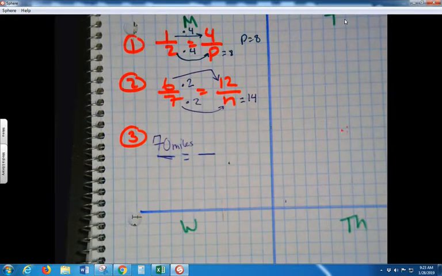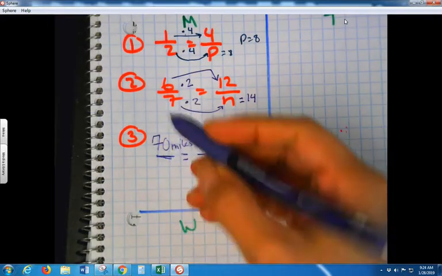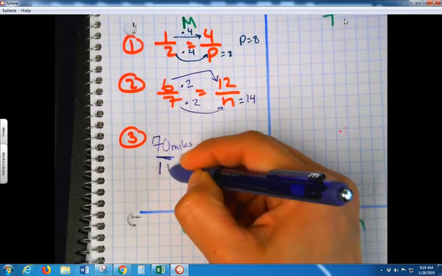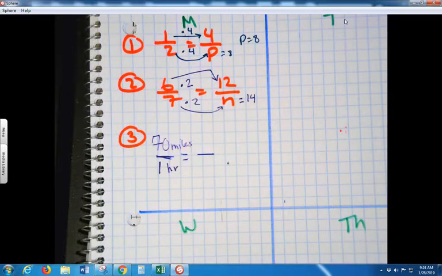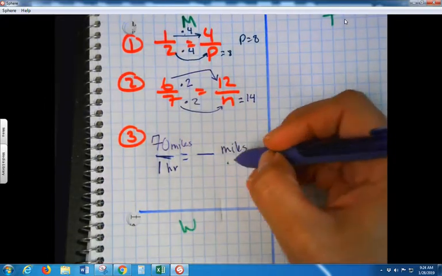For 70 miles, how many hours does it take? 1. How do you know it's 1? Because it's going 70 miles per hour. And what does per hour mean? An hour. So how long does it take me to go 70 miles? 1 hour. So what do you think goes on the bottom? 1 hour. So that means I have miles on this side and hours on the bottom.